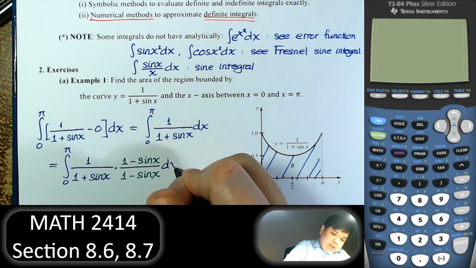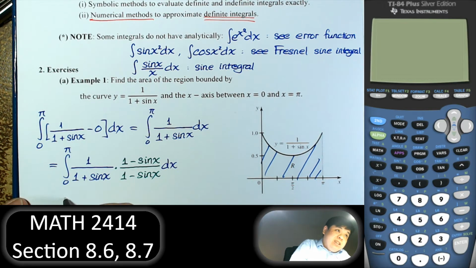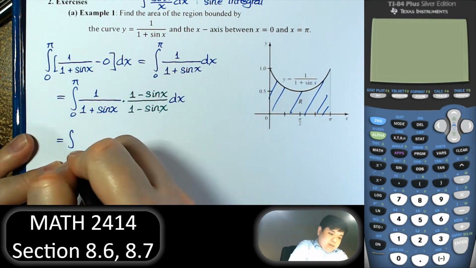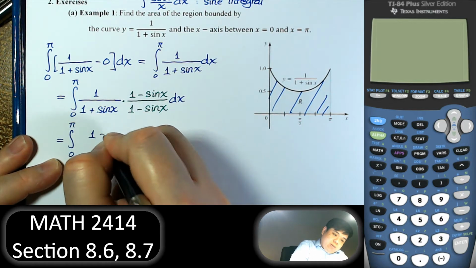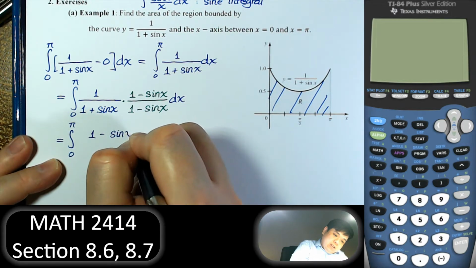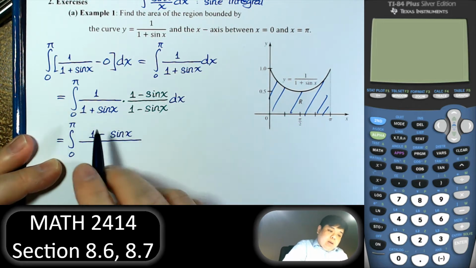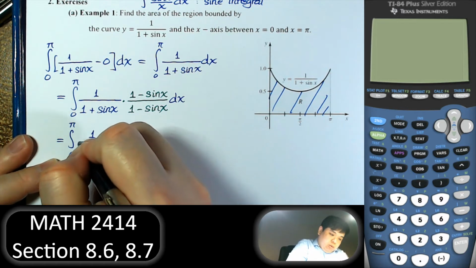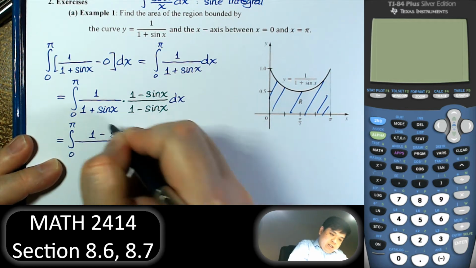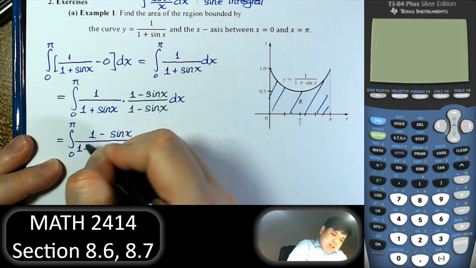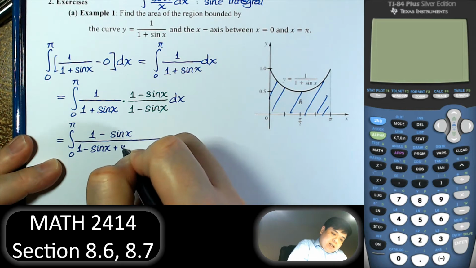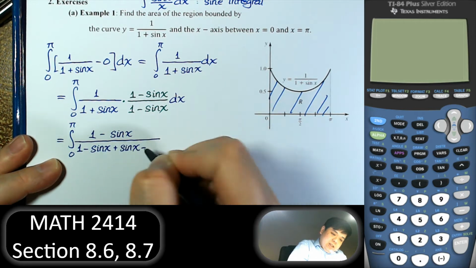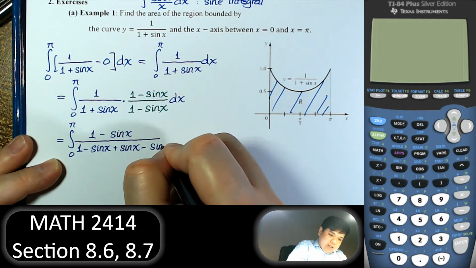So how did that help? Well, a lot. Multiply the top, we have 1 minus sin x. The bottom, just multiply it out: 1 times (1 minus sin x) plus sin x minus sin square.